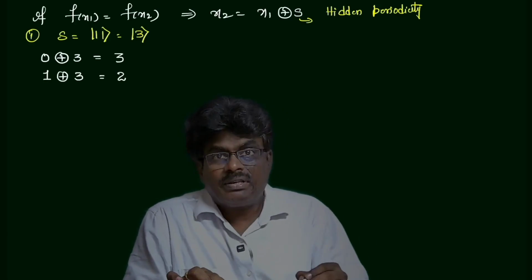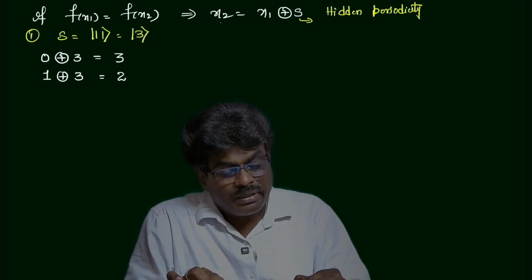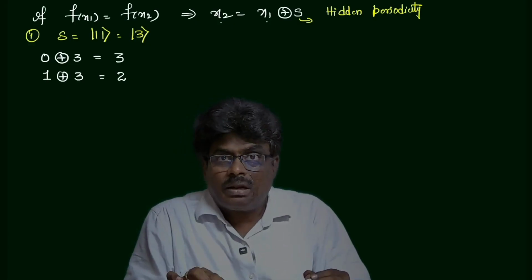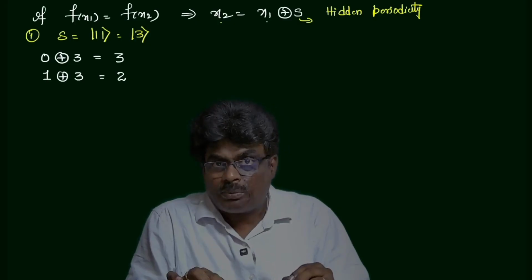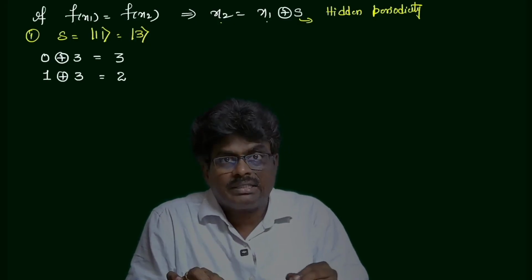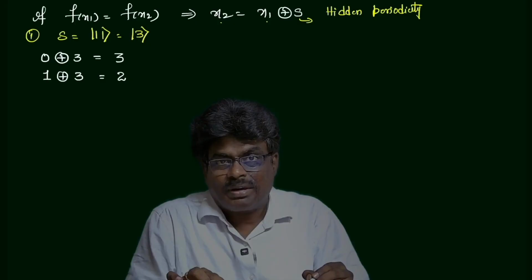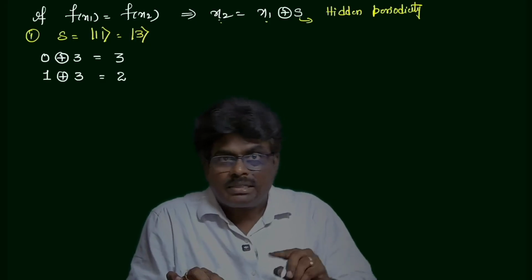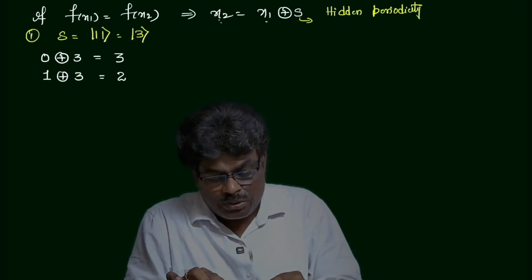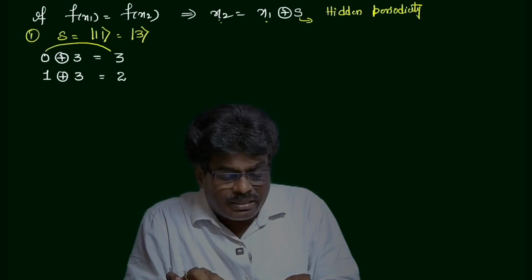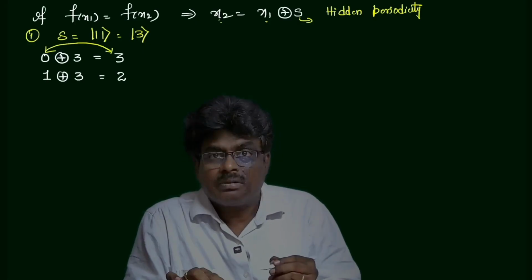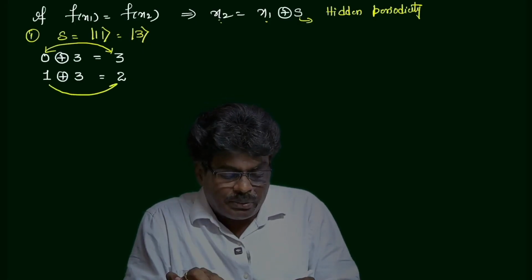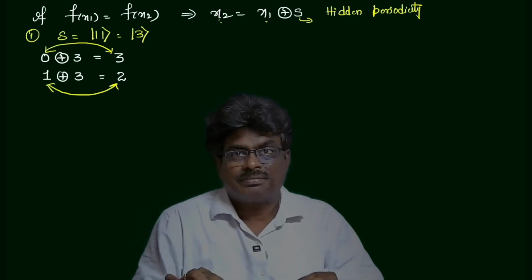If you carefully see, x2 and x1 have the same output only when this condition is satisfied. So I have x1, I added this s, then I got x2, so x1 and x2 have the same output. So here 0 and 3 have the same output, and 1 and 2 have the same output.